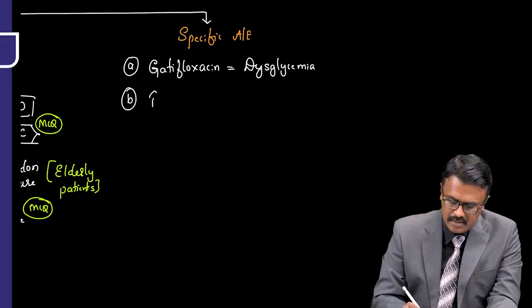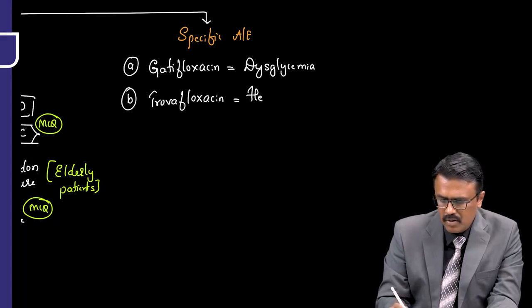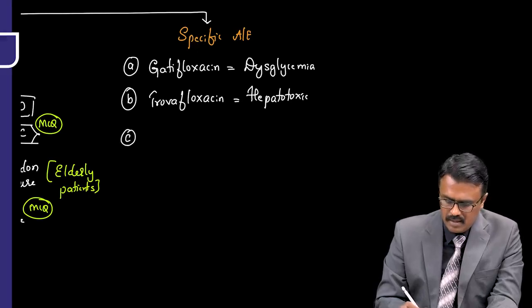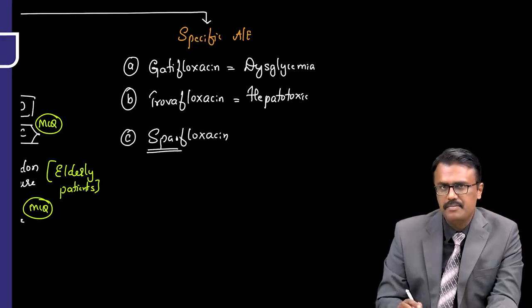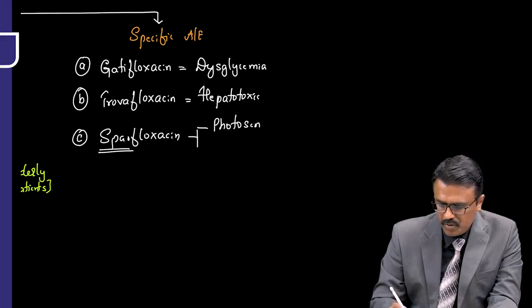The second drug is trovafloxacin. Trovafloxacin has been shown to be hepatotoxic and its usage is not that much. Another drug, sparfloxacin. Spar looks like spark, and spark means light, so it can produce photosensitivity.